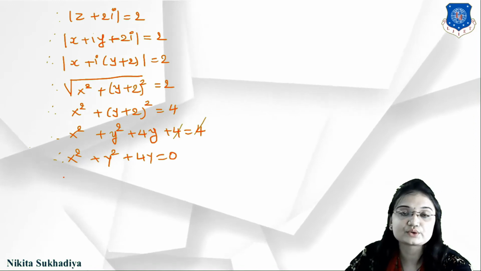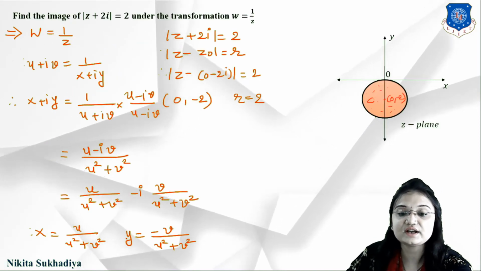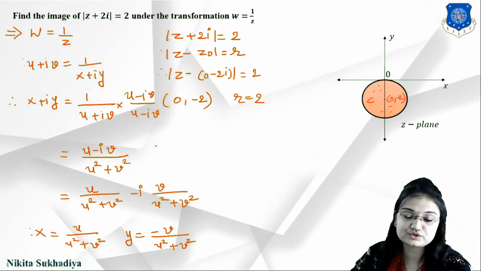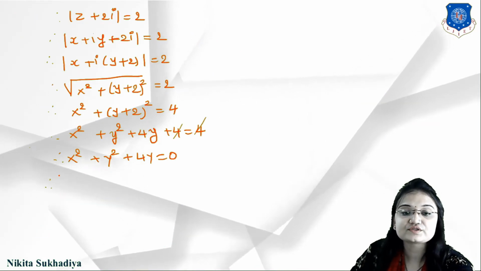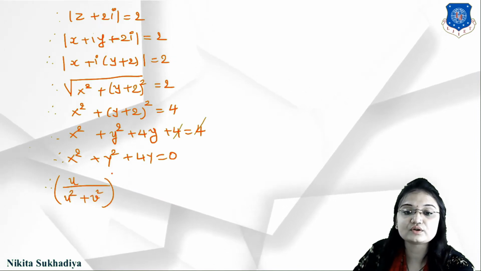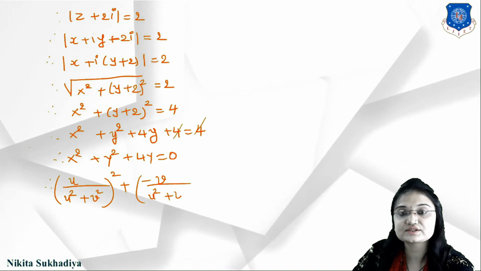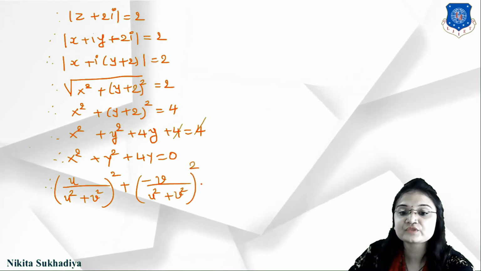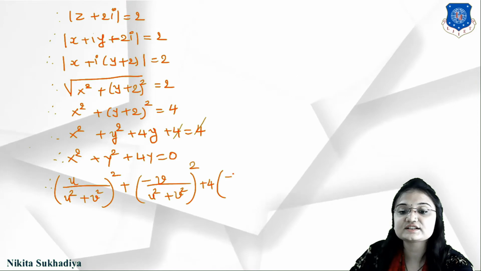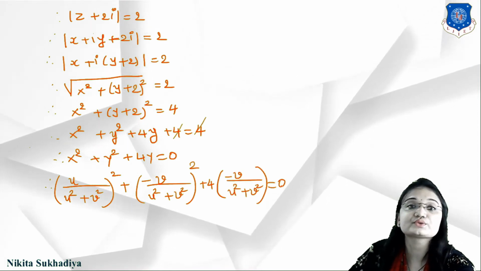Now we can put x = u upon (u² + v²), and y = -v upon (u² + v²). So this will become (u upon (u² + v²))² + (-v upon (u² + v²))², and plus 4y, that is -v upon (u² + v²), = 0.